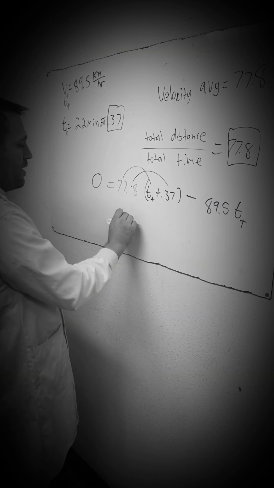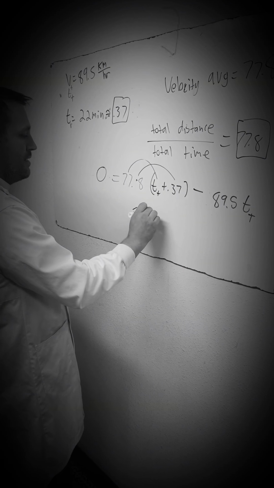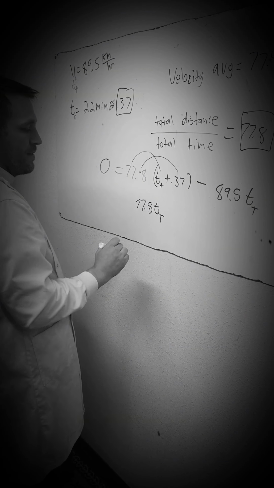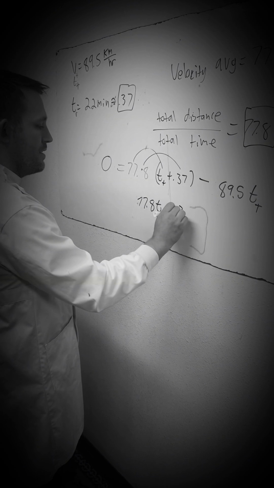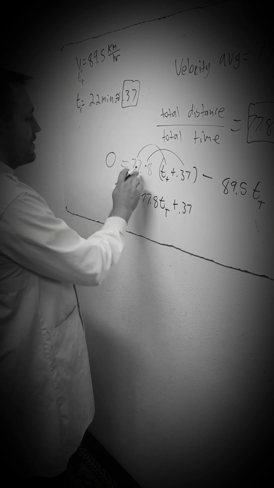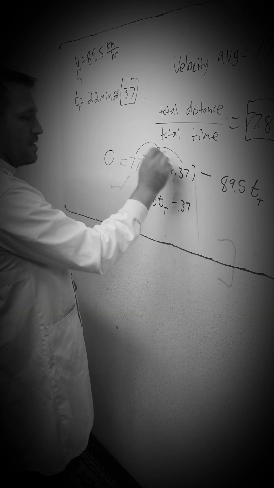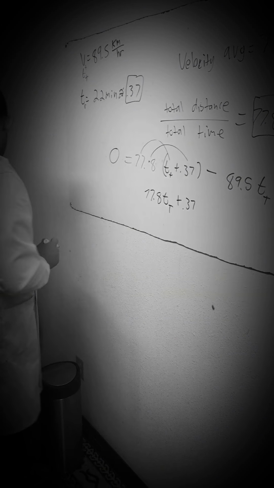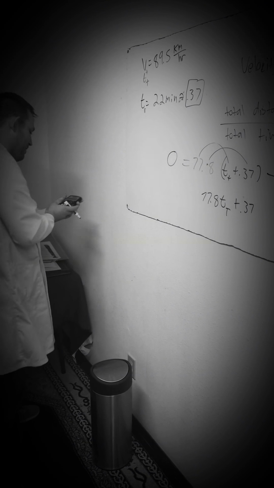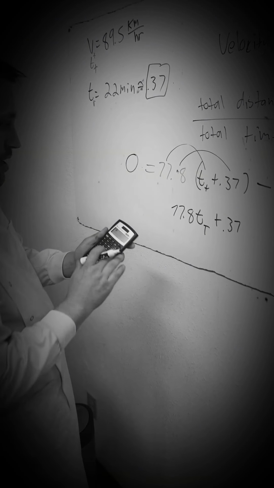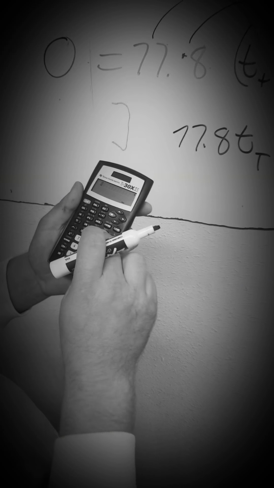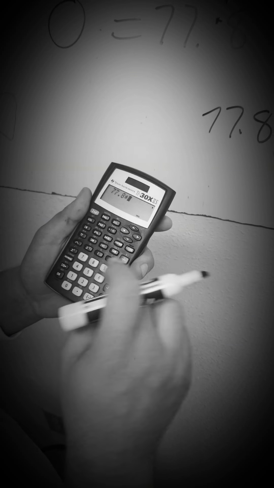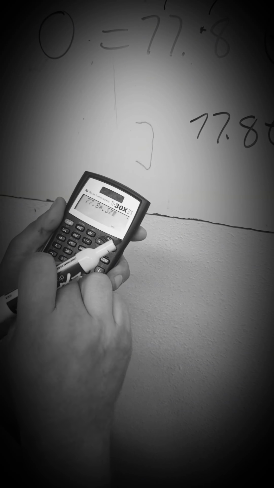So we get 77.8 t, remember, that's time of the trip, plus 0.37, well, it's 0.37 times 77.8, right? Because we got to make sure we're factoring into everything here. So let's do that right here on the calculator. I'm taking 77.8 and multiplying by 0.37.